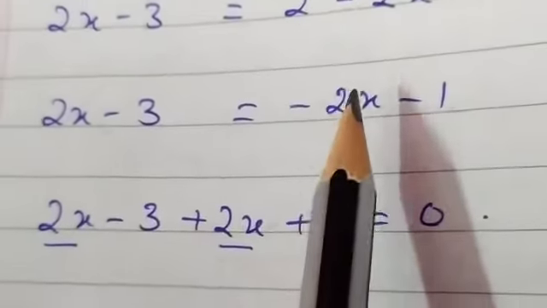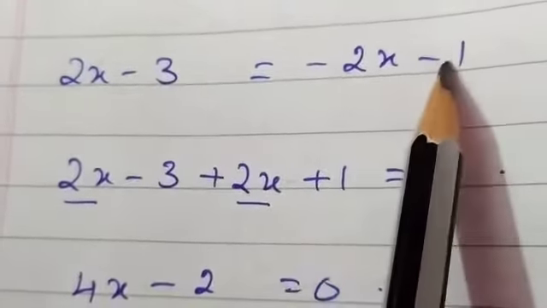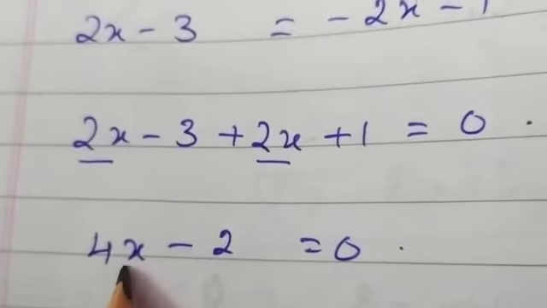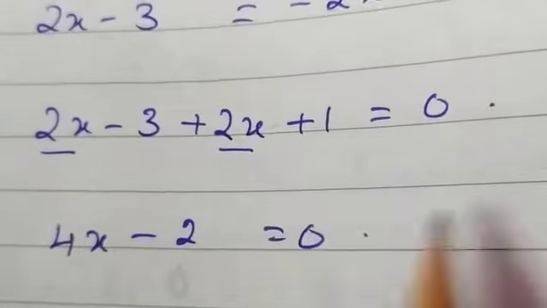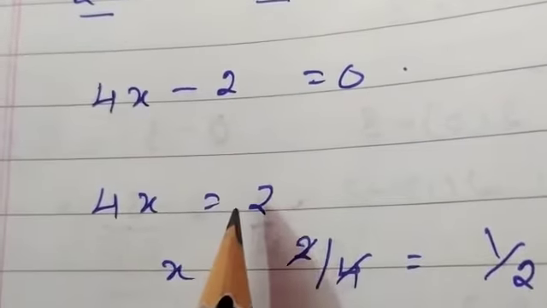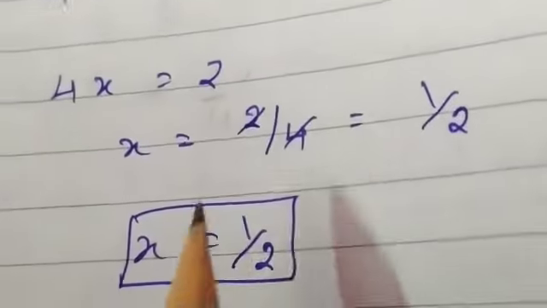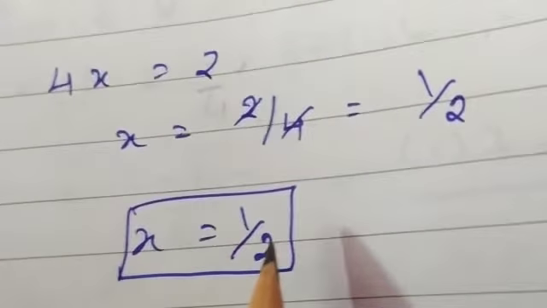So this 2x will come this side and this minus 3 will go that side, then we will get 4x equal to 2 and x equal to 2 by 4, that is equal to 1 by 2. So x equal to 1 by 2.